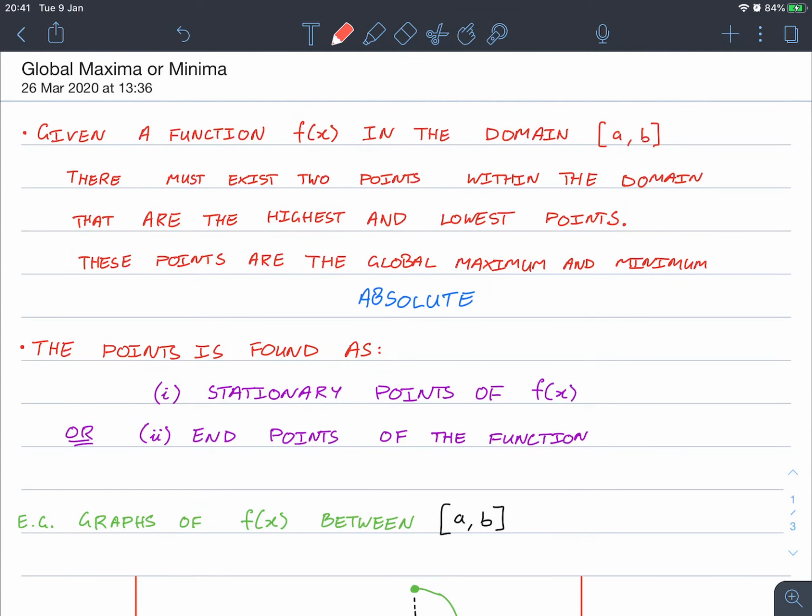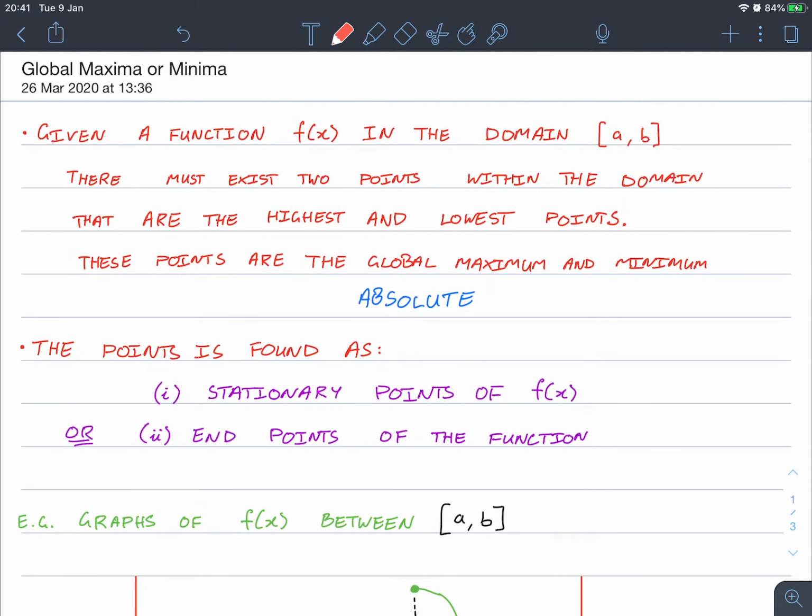Already, this is a possible candidate for the absolute maximum or minimum, because so far nothing is greater or lower than 0. Let's test f of 4. It's going to be 4 times 4 minus 4 squared. That's 16, take away 16, that's also 0. So 0, 0. Again, these 2 points are the same.